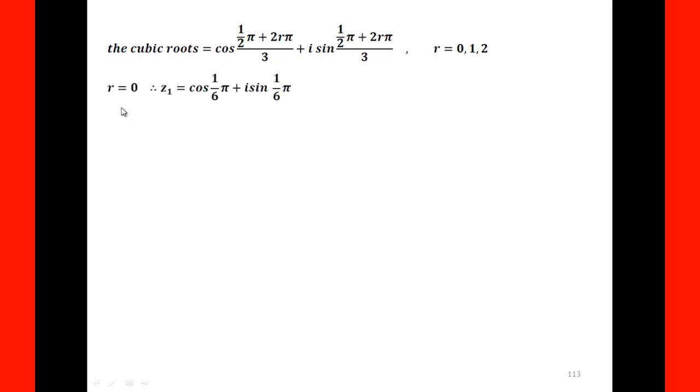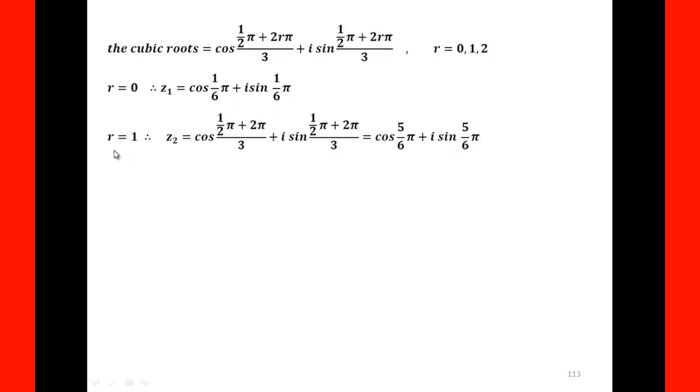When r equals 0, then z1 equals cosine 1 over 6 pi. Substitute r equals 0 here. What do you get? It's 0. 0 plus half pi over 3 equals 1 over 6 pi, plus I sine 1 over 6 pi. Now substitute r equal 1.